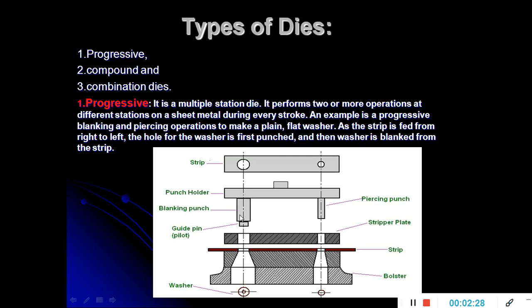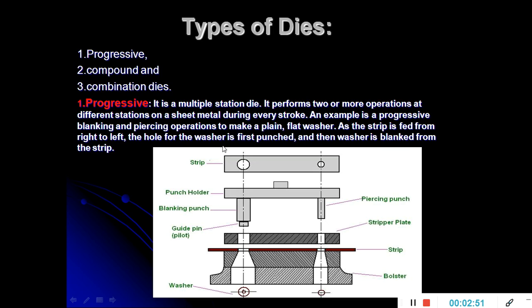Got the idea? The most popular component formed with the help of a progressive die is the washer. You are all familiar with how a washer looks, right?